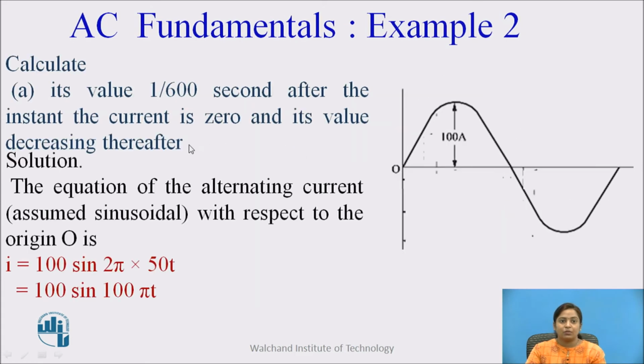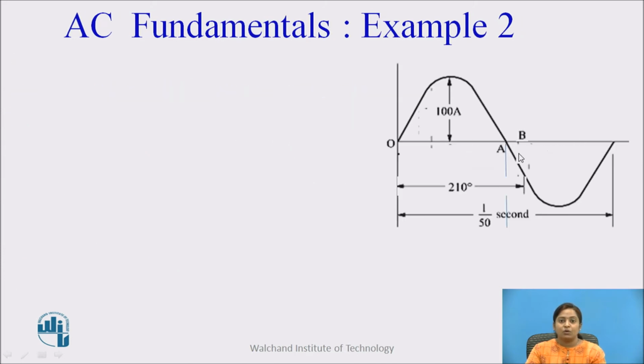Here what is the question? We have to find the value 1 by 600 second after the instant the current is 0 and its value decreasing thereafter. Okay, so the current becomes 0, let's say at point A, and the value decreasing thereafter means we have to find the value after point A and towards this side.